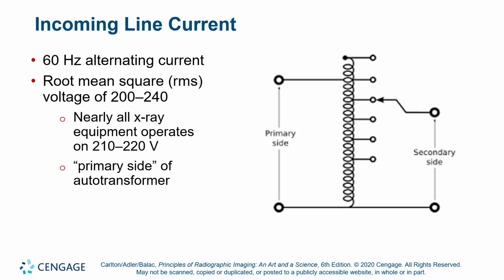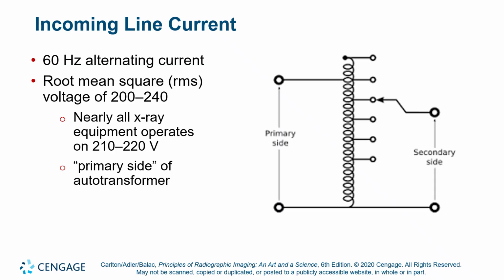Well, the line compensator will adjust the number of coils that it includes by moving the multi-point switch to include less coils on the primary side. So you have 200 incoming volts and only 200 coils included on the primary side of the auto transformer. So the line compensator compensates for fluctuations in voltage and balances that with fluctuations of primary turns so that they're always equal to each other.